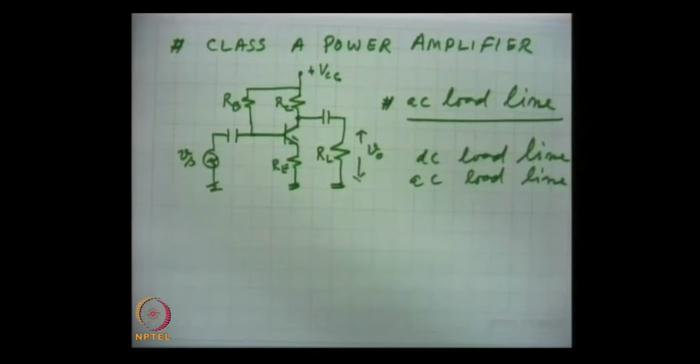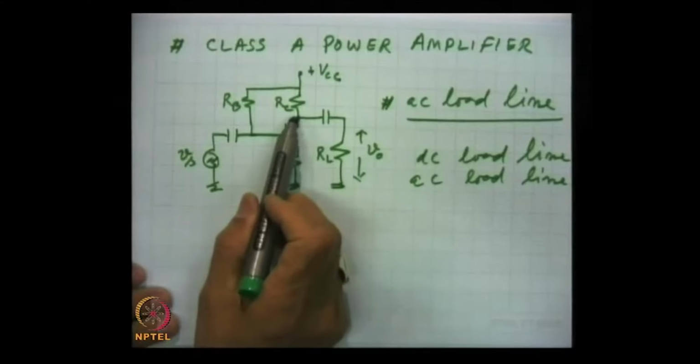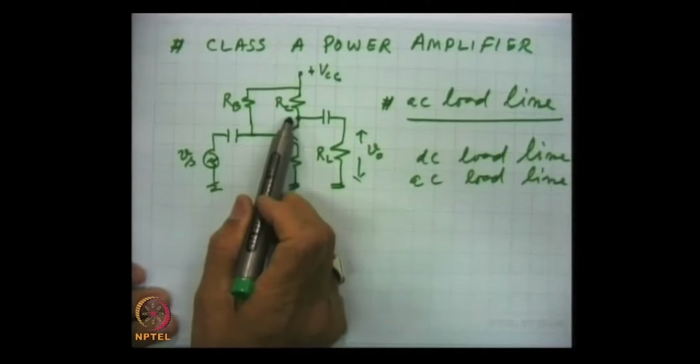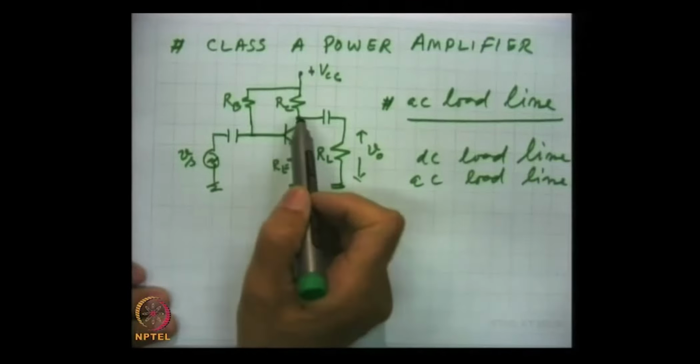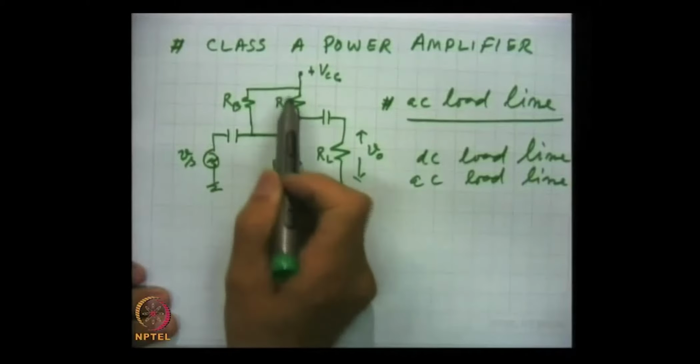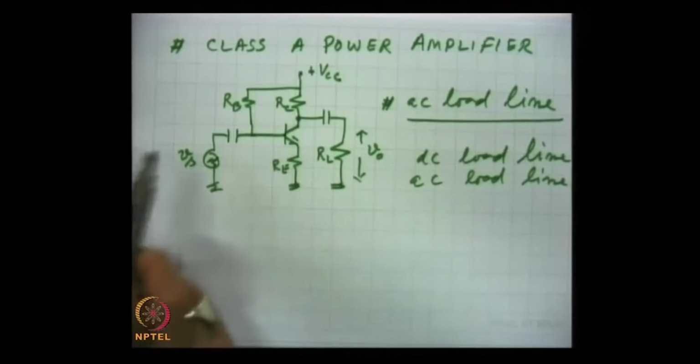Why are the two load lines different? Because, see here, the collector will see different resistances for DC and for AC.